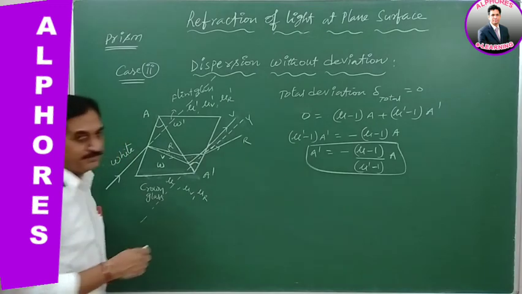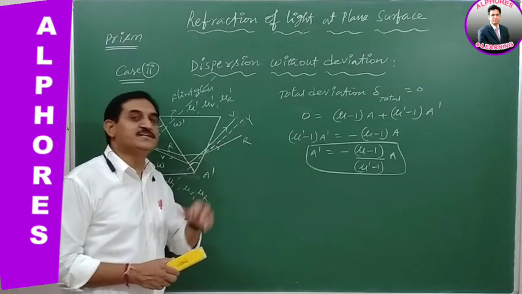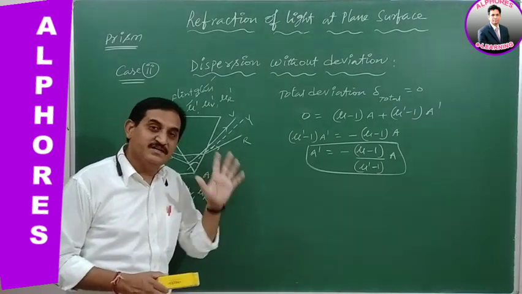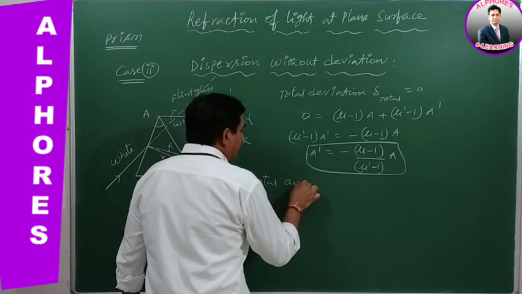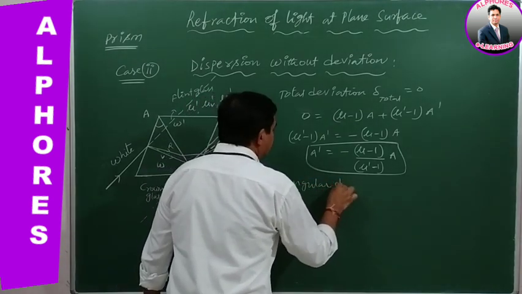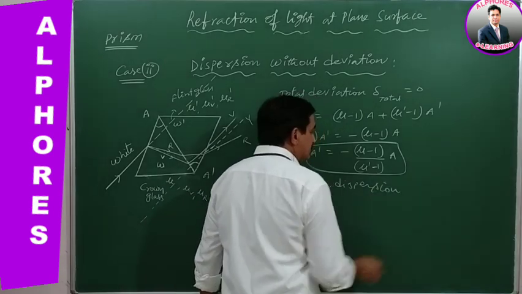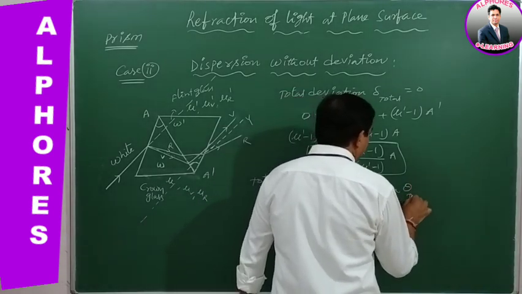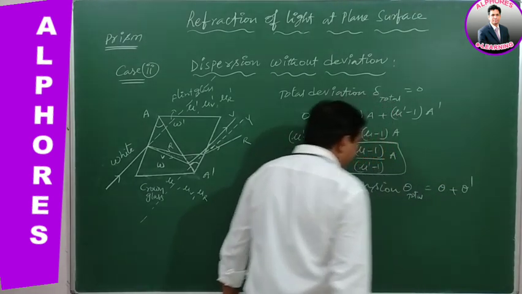Angular dispersion is given by the combination, because here it gives angular dispersion but deviation is nullified. Total angular dispersion theta total equals theta plus theta dash.